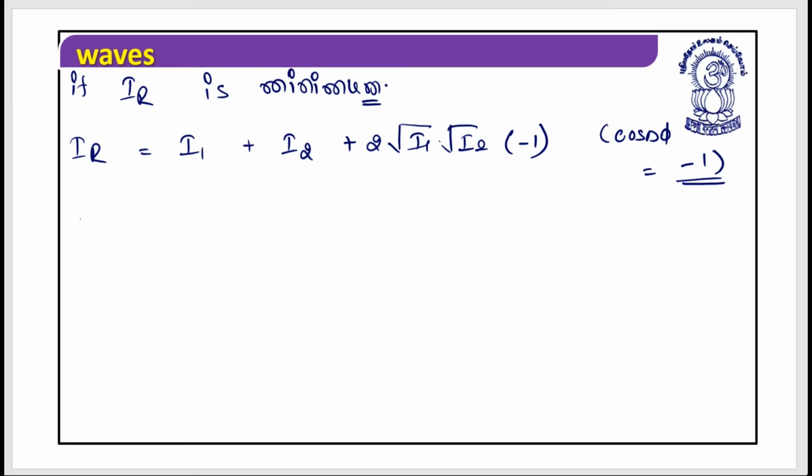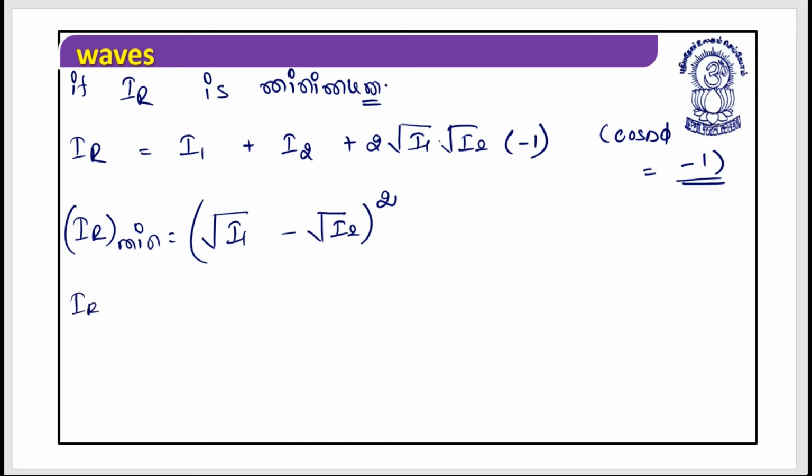So this is the IR minimum, which is equal to root of I1 minus root of I2 whole square, which is equal to A1 minus A2 whole square.